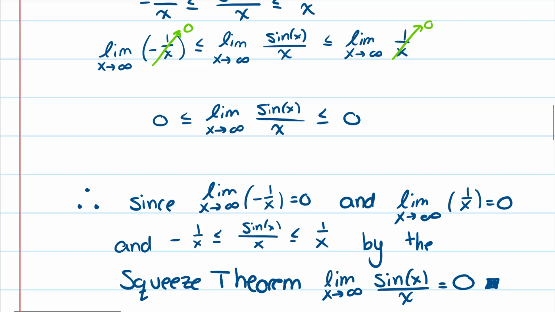And so algebraically now we're able to prove that the limit as x approaches infinity of sine of x divided by x is equal to 0 instead of just having to refer to a graph.